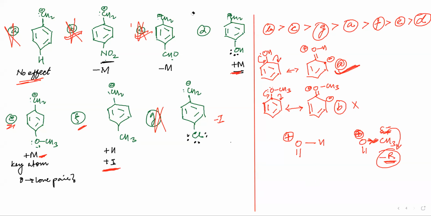Also, another reason why OH, this phenolic group, has more electron donating capacity is because CH3 hinders the electron pair, because CH3 is bulky, no? CH3 is bulky, and what it does is hinder the electron movement.